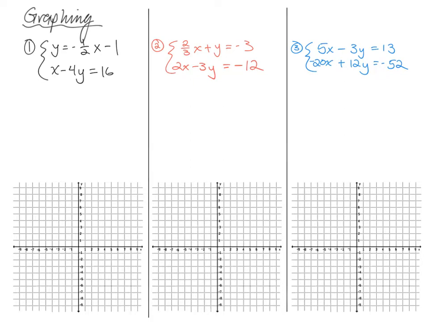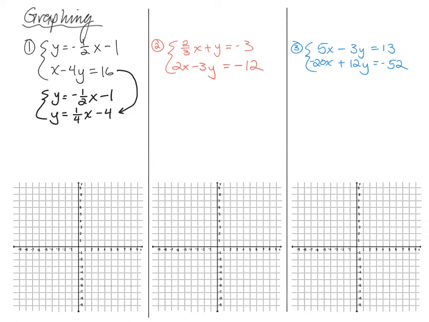So to keep this slide brief, I will be solving any equations for y very quickly here. So this system for number 1 will become y equals negative 1/2 x minus 1 and y equals 1/4 x minus 4. So if you solve this second equation for y, that is what you'll get.